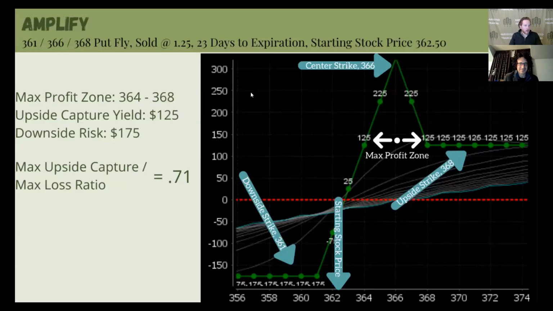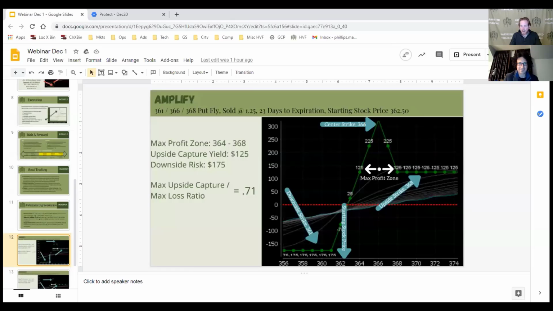So, to talk a little bit about the model portfolios, Ian mentioned that the main benchmarks that we use are the SPY, the QQQs, and the IWM. Those are available starting at $1,000.